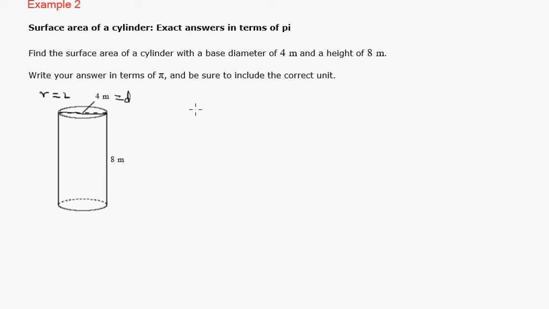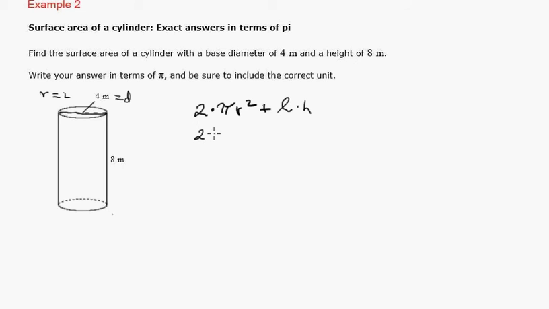We're going to do 2 circles again, so 2 times the area of the circle, pi r squared, plus the length times the height, and the length is going to be the circumference.